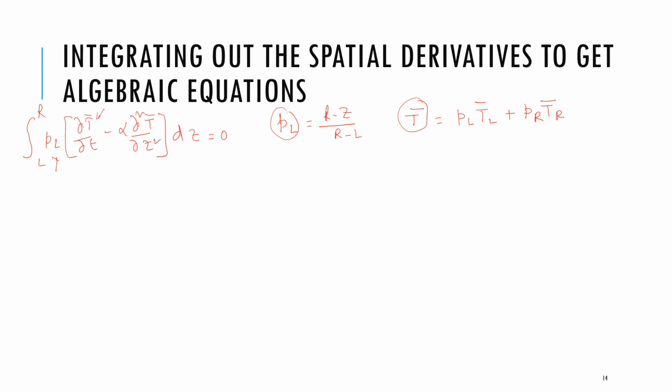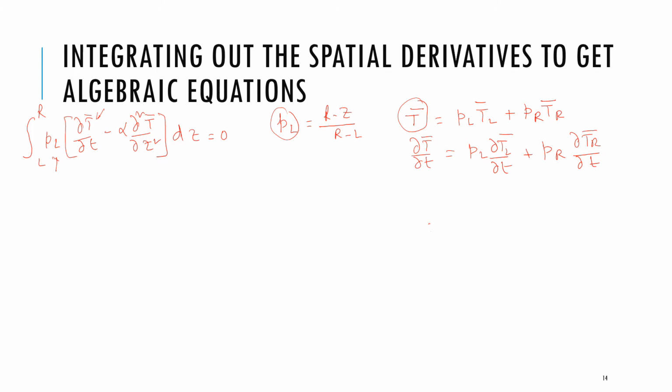Okay. So if I plug in for T, then as we already did in the last slide, del T bar del T is going to be PL del TL del T plus PR del TR del T. This is the trouble of using PowerPoint, is we are repeating some of it.